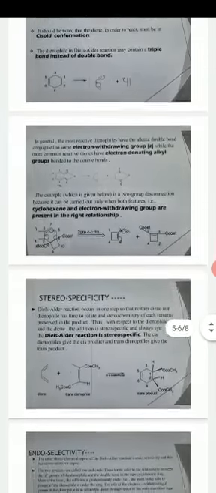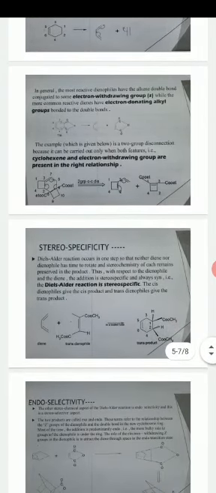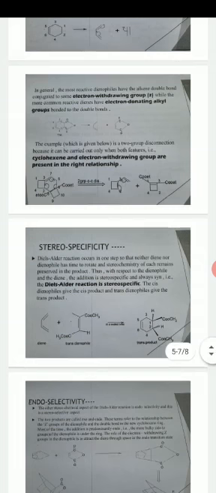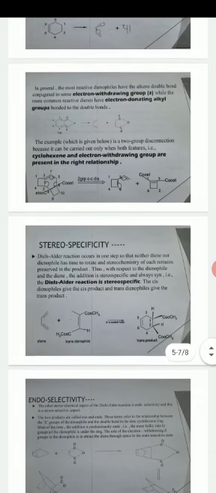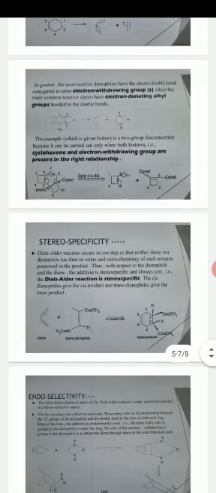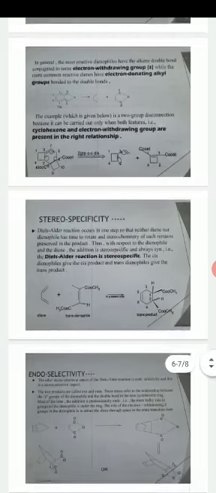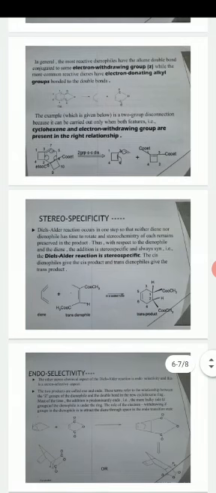Let us discuss stereospecificity and stereoselectivity. Stereospecificity: the Diels-Alder reaction occurs in one step so that neither diene nor dienophile has time to rotate, and the stereochemistry of each remains preserved in the product. Thus, with respect to the dienophile and the diene, the addition is stereospecific and always syn.